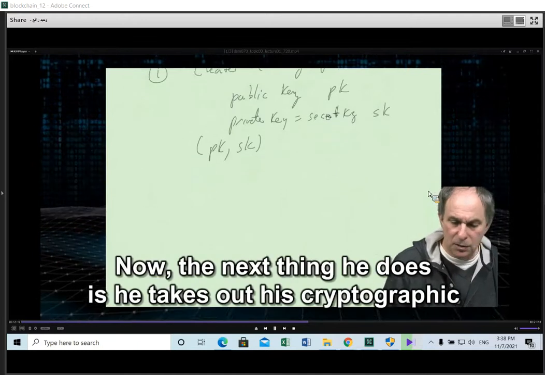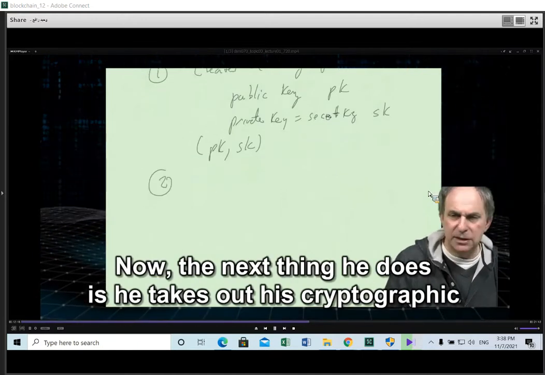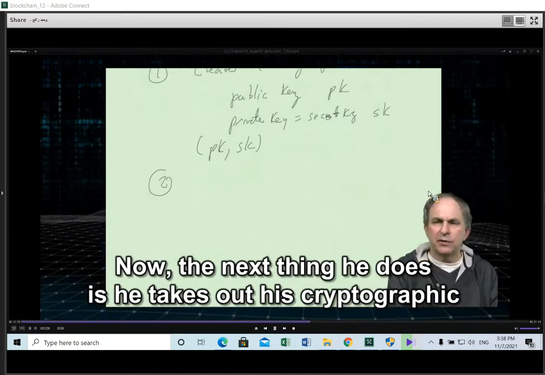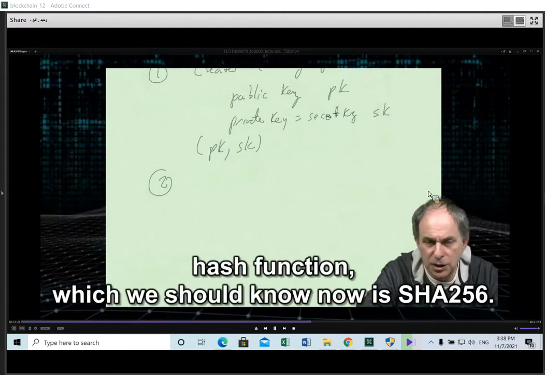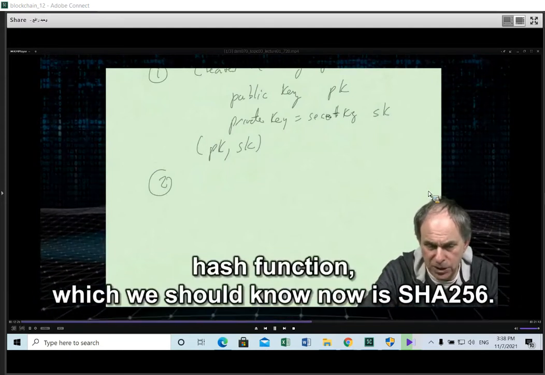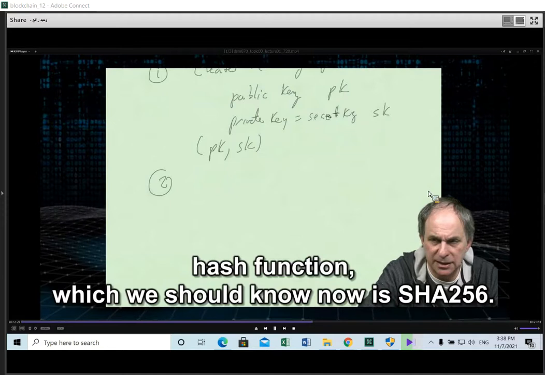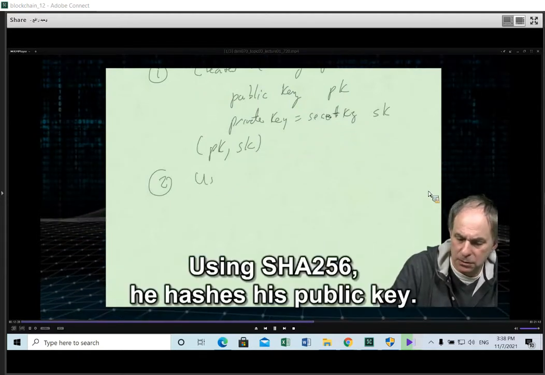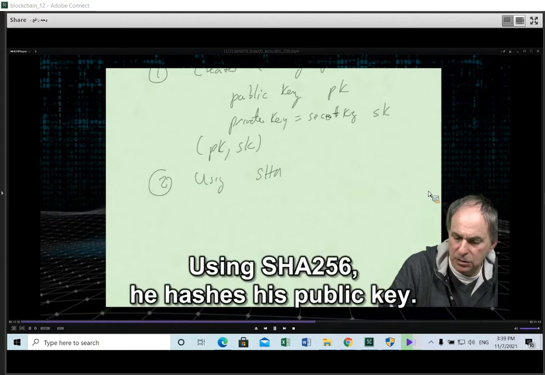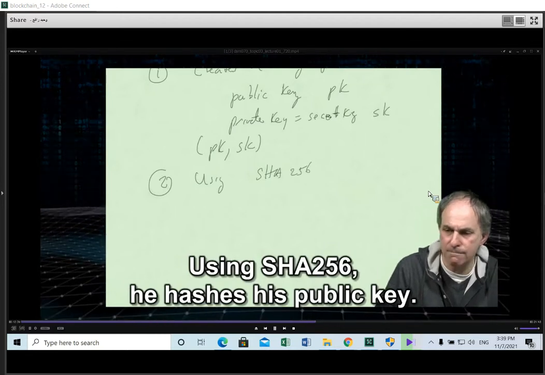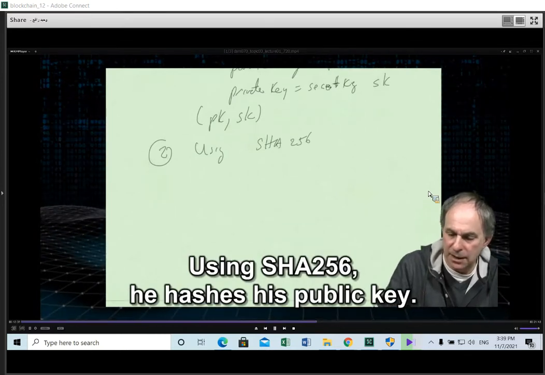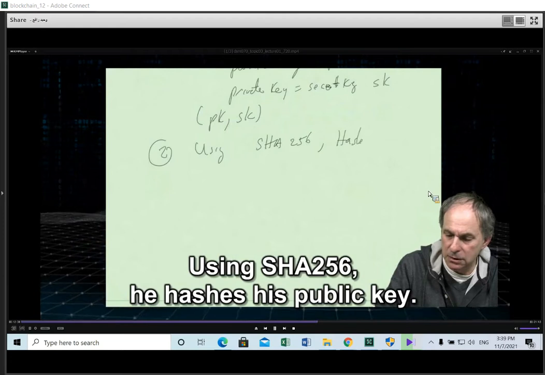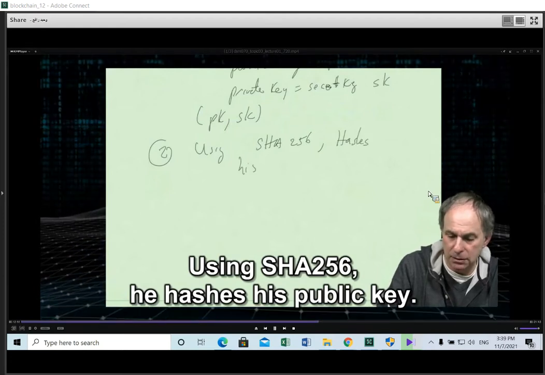Okay, now, the next thing he does is he takes out his cryptographic hash function, which we should know now is SHA-256. So using SHA-256, he hashes his public key.